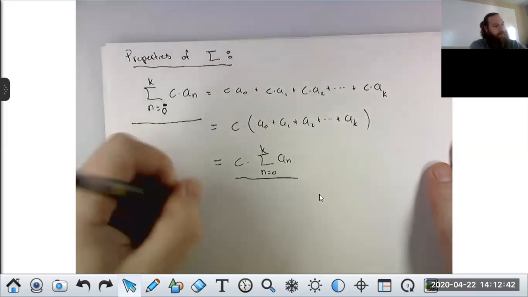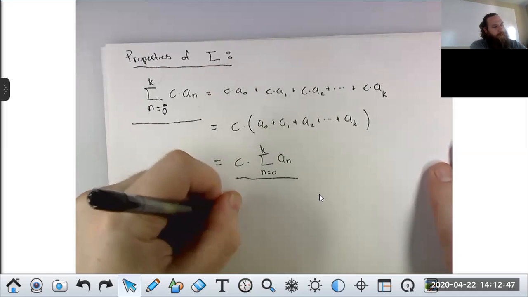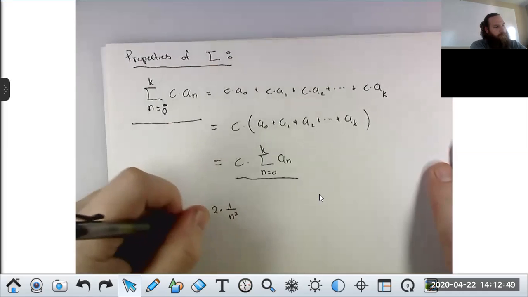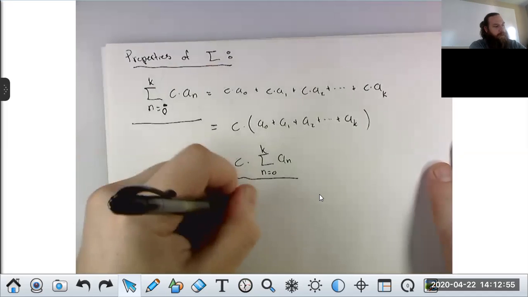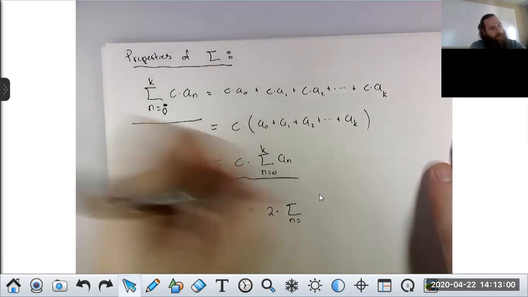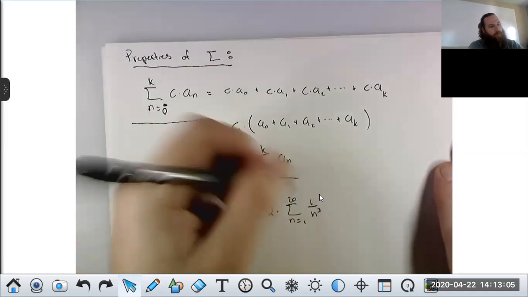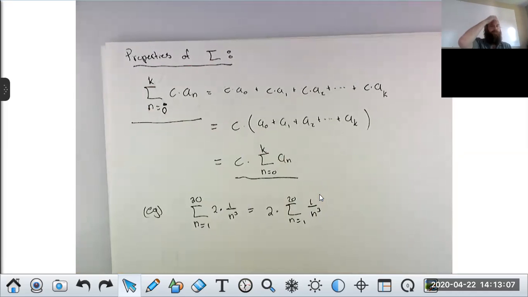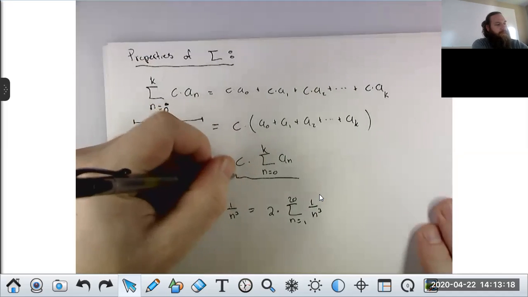So for example, sigma of 2 times 1 over n cubed summed from wherever, 1 to 20, would be the same as 2 times the sum from 1 to 20 of 1 over n cubed, because the 2 is a constant. That's our first property, that this is equal to this.